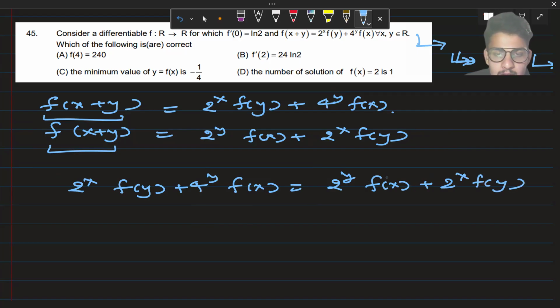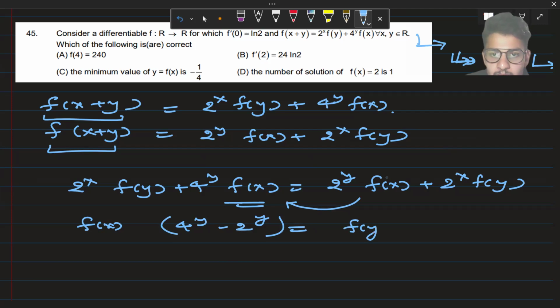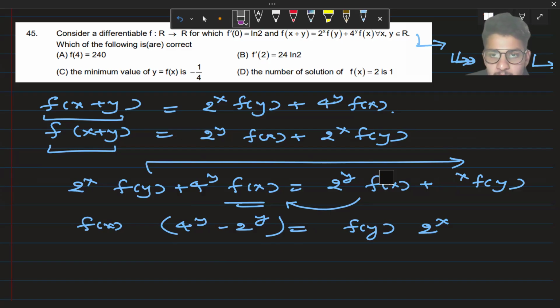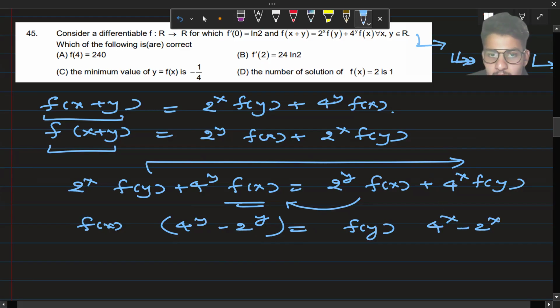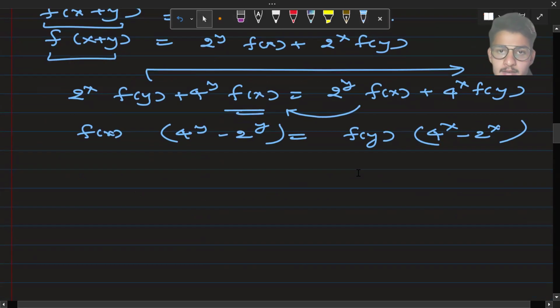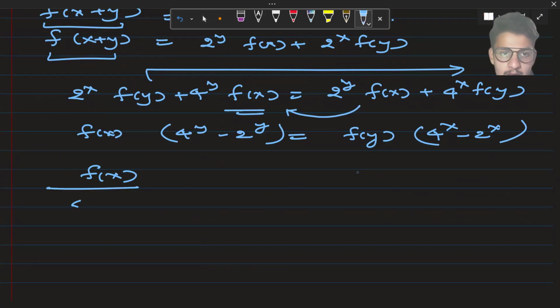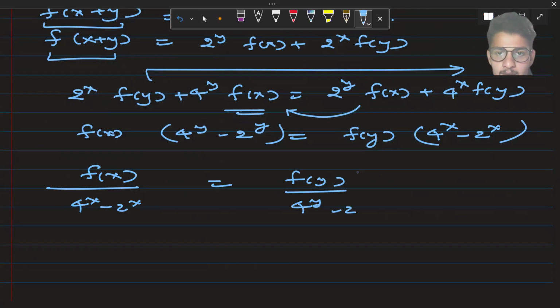Taking f of x common, you get 4 to the power y minus 2 to the power y, and taking f of y common, you get 4 to the power x minus 2 to the power x. So f of x over 4 to the power x minus 2 to the power x, and f of y over 4 to the power y minus 2 to the power y.